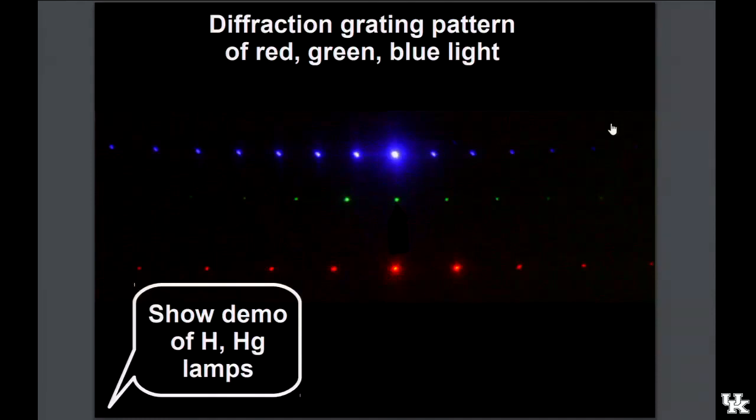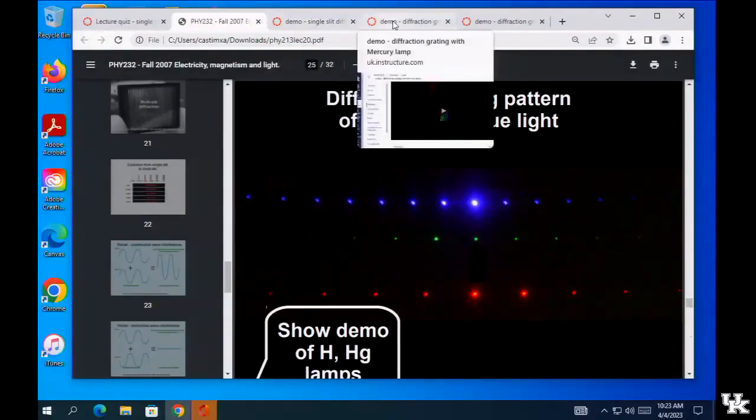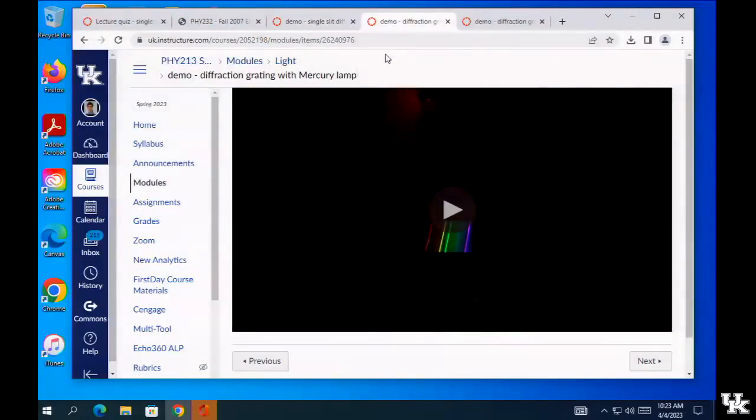Let me show you a video. So I'm going to show you the video, and then I'm going to give you a chance to look at this yourself, because we've got a demonstration here. What we have here is a special type of lamp.